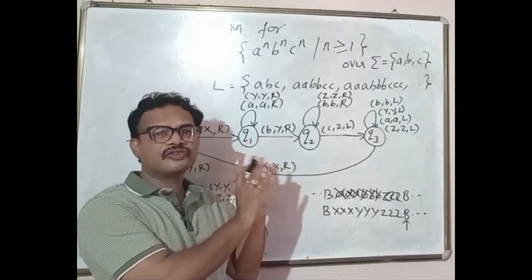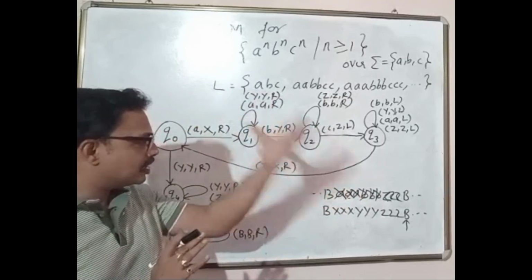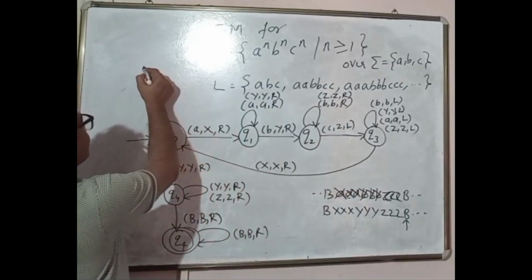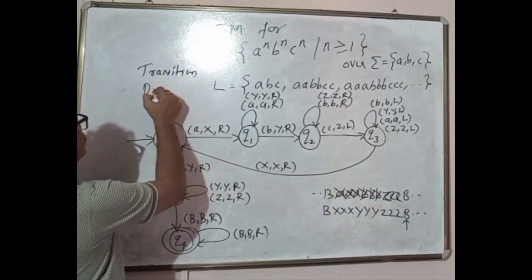This is one part of your solution. So those who are appearing for video exams, this is one part of your solution. And there are two parts. This is the state transition diagram.